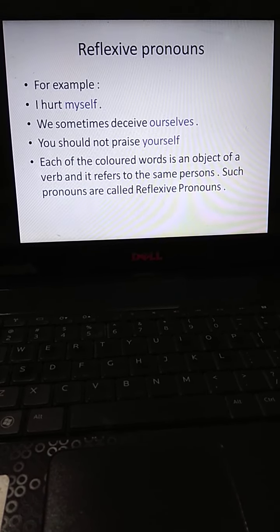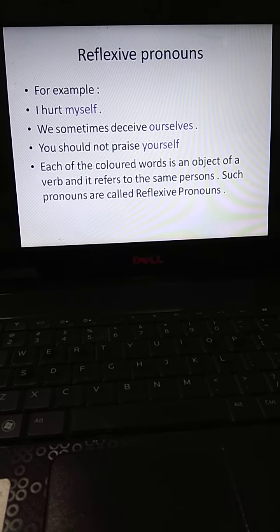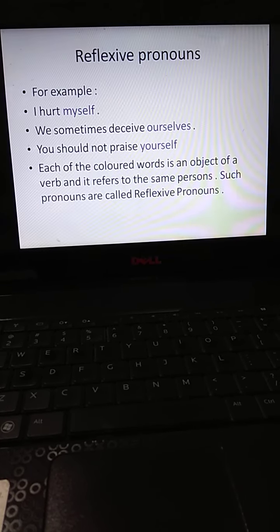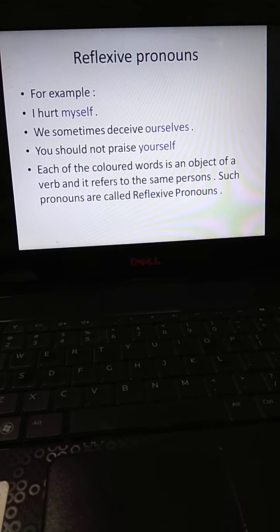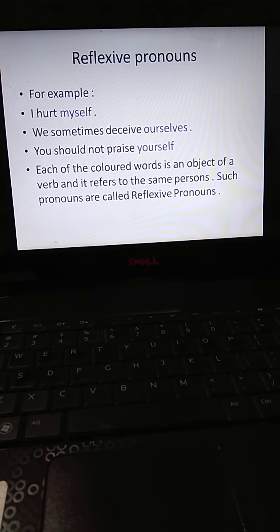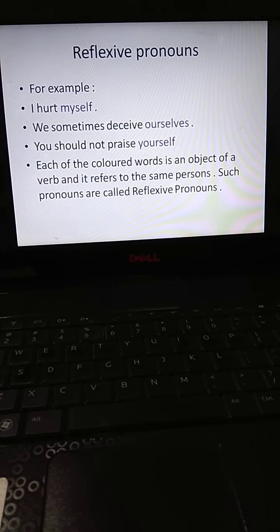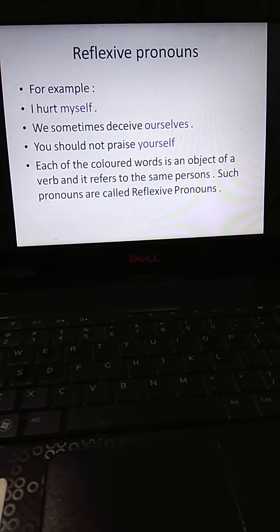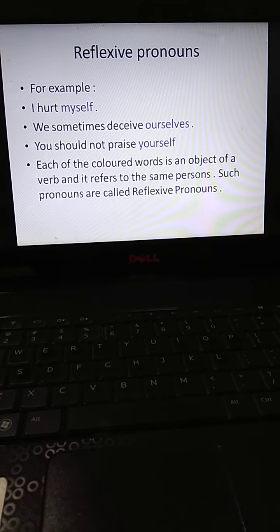Then, reflexive pronouns. For example, I hurt myself. We sometimes deceive ourselves. You should not praise yourself. Each of the colored words is an object of a verb and it refers to the same person.